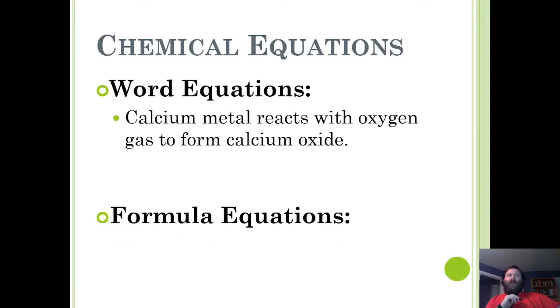So, to give an example of how to convert between a word equation and a formula equation, we have this one. Calcium metal reacts with oxygen gas to form calcium oxide.